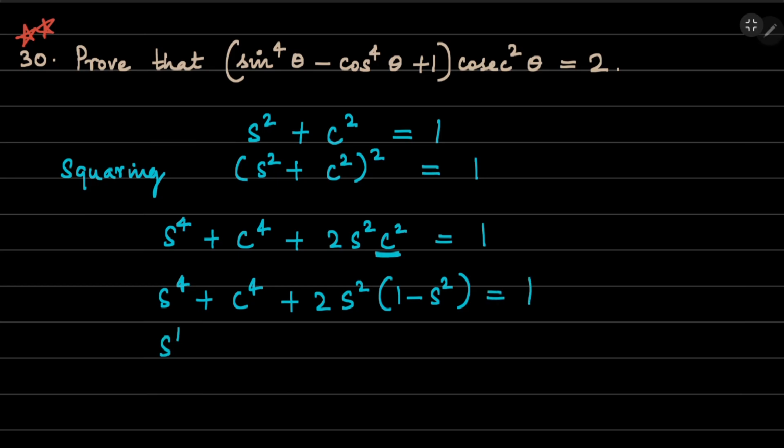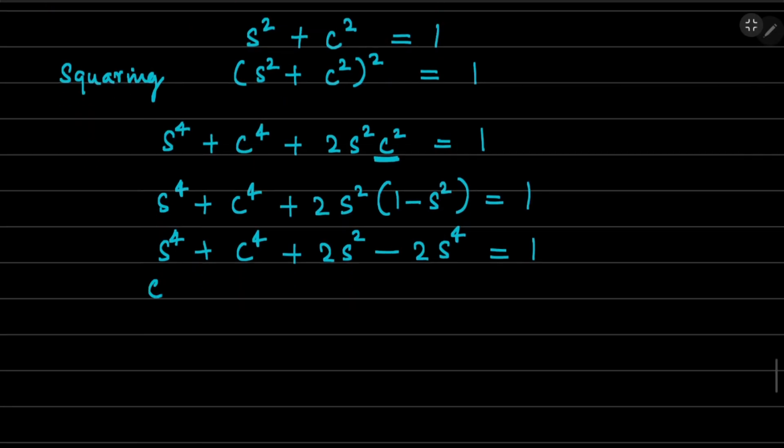Open the bracket. So what do you get? Sine to the power 4 plus cos to the power 4 plus 2 sine square minus 2 sine to the power 4 theta equal to 1. So sine to the power 4 minus 2 sine to the power 4, 1 minus 2 is minus 1.